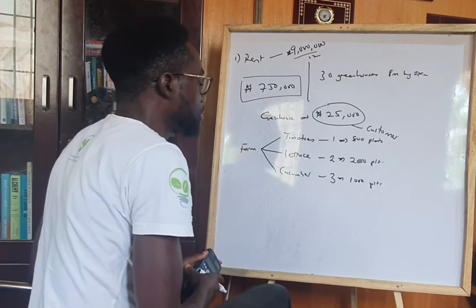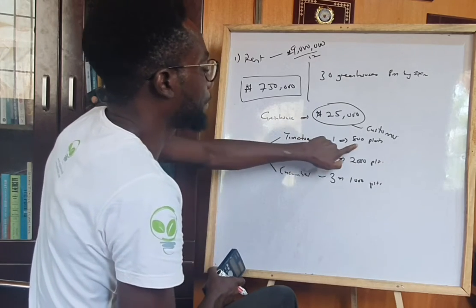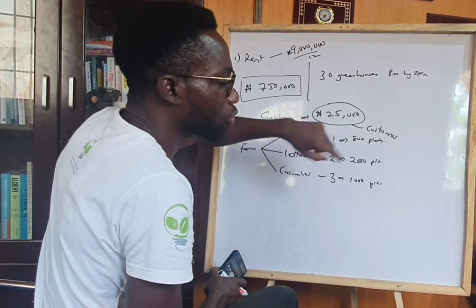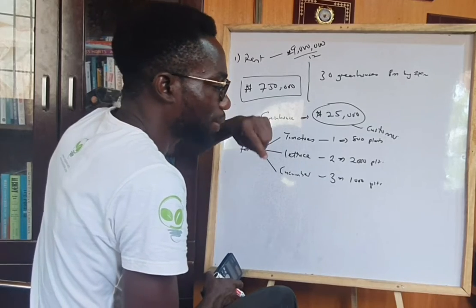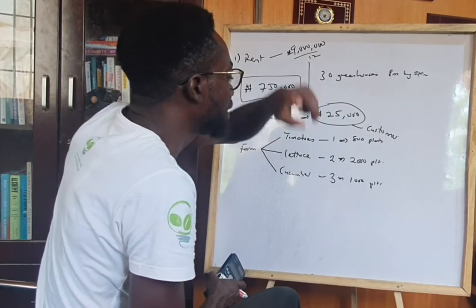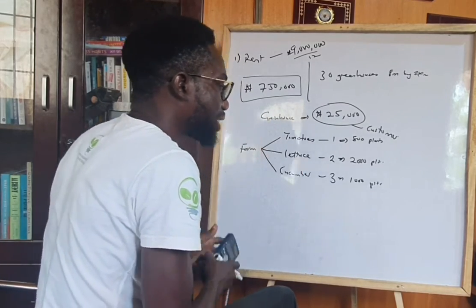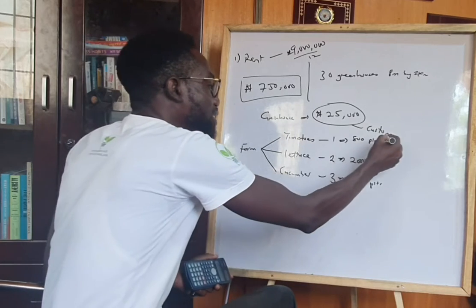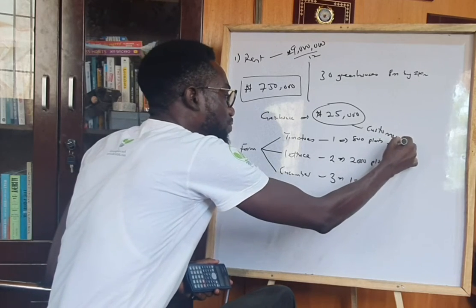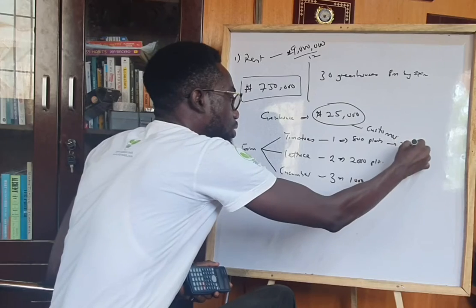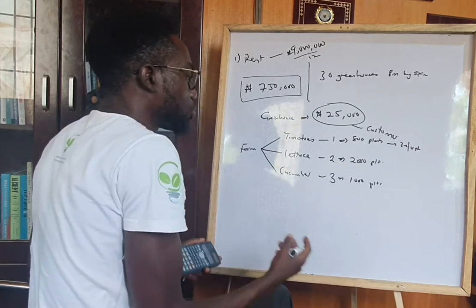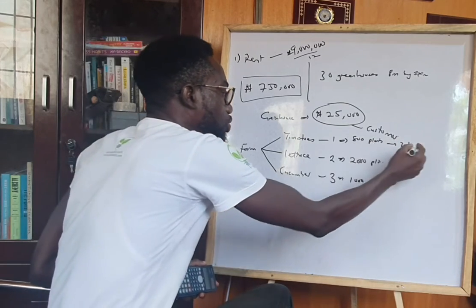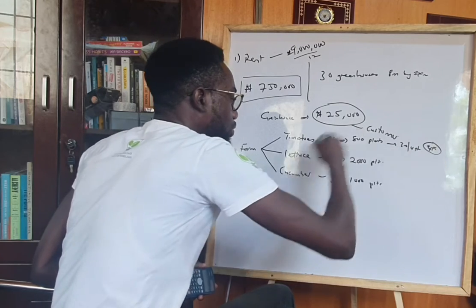This is an assumption. Now, I know that my tomatoes will not get ready in the month that I plant them. I would have done my nursery. It will not get ready in the month that I transplant. So I may not end up having harvest until the 3rd or 4th month. So I can simply assume harvest is in the 4th month.